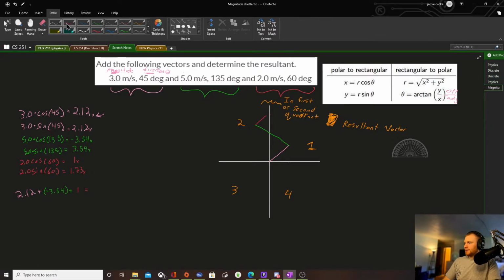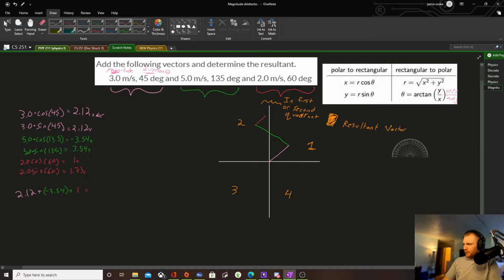And the y's: the first vector had the same y coordinate, so 2.12 plus positive 3.54, because this x was negative but this y right here is positive, plus this last y right here, 1.73. And so the results of these will give us our new x and y coordinates.